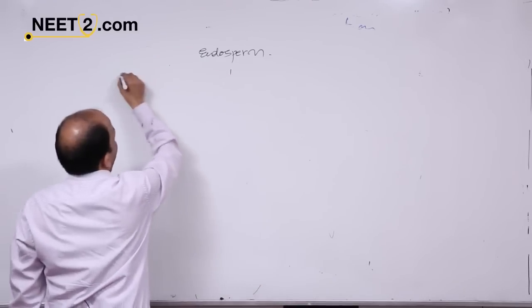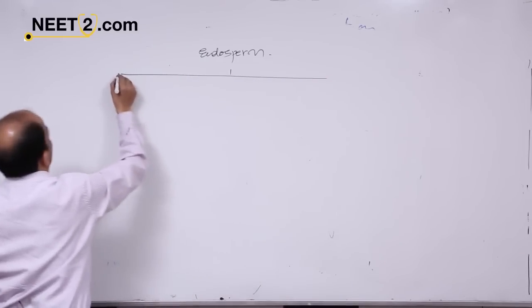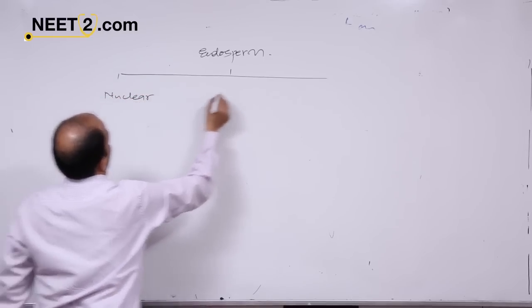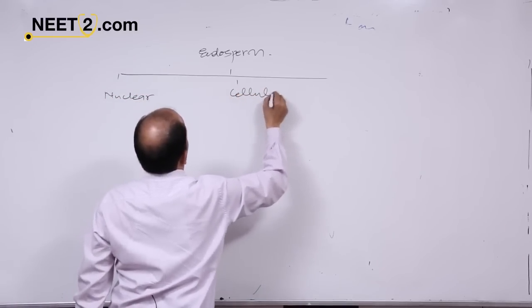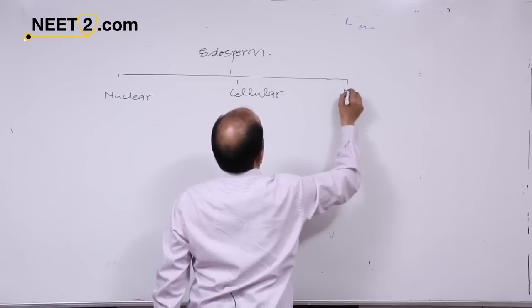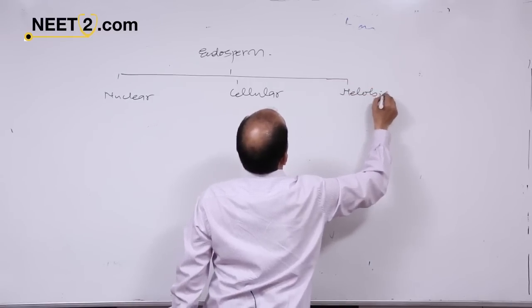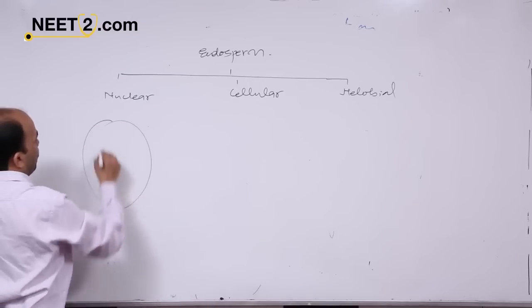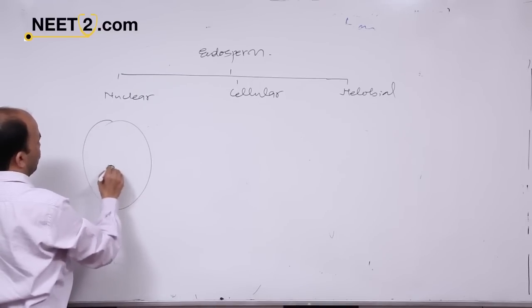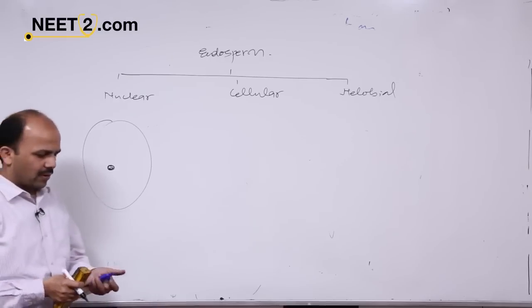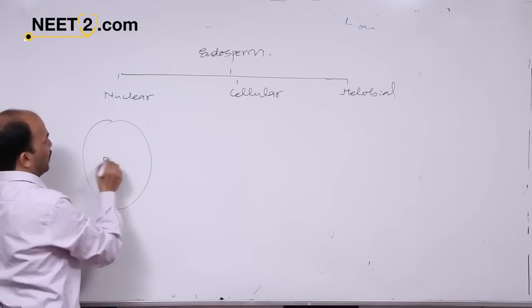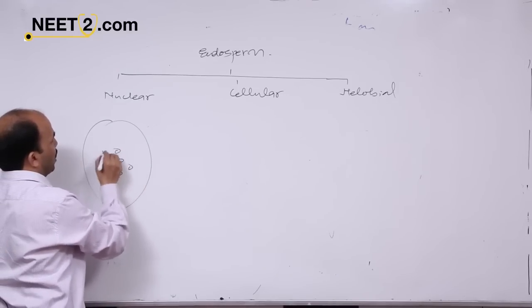Depending upon the development of endosperm, you will find endosperms are of three types: nuclear endosperm, cellular endosperm and helobial endosperm. न्यूक्लियर एंडोस्पर्म के केस में you will find जो हमारा प्राइमरी एंडोस्पर्म न्यूक्लियस बना है in case of triple fusion, this primary endosperm nucleus will undergo repeated free nuclear division without cytokinesis.